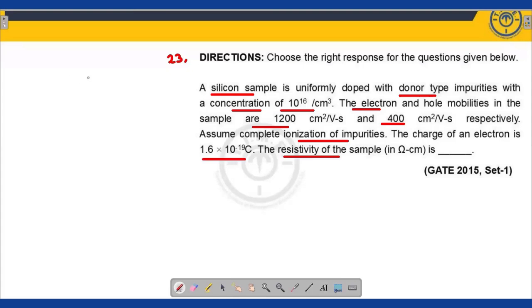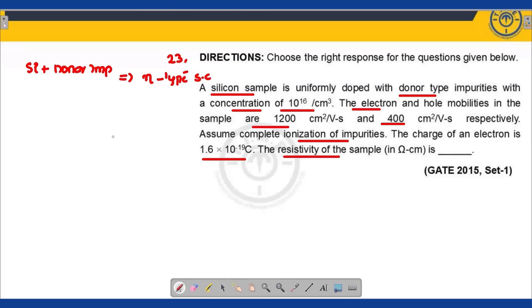He is asking over here because the silicon sample is doped with donor impurities. Donor impurities means it forms an N-type semiconductor, my dear students.